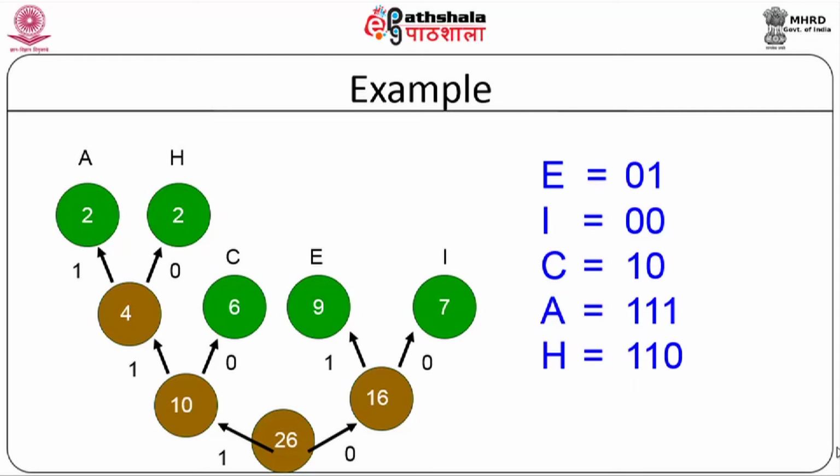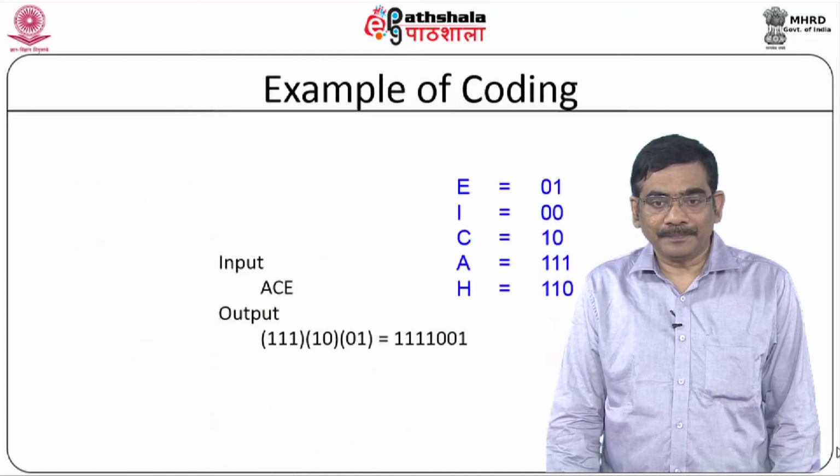That means all the symbols do not have the same length of code, but rather it varies according to the frequency. So, this is the logic. The symbol A occurs frequently, therefore, it has a different length compared to, let us say, symbol E. Okay. So, this is the Huffman code that we have.